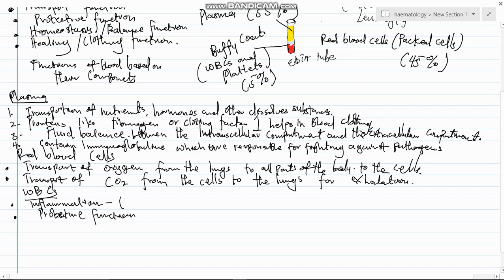where we can talk about the white blood cells like monocytes, eosinophils, basophils, lymphocytes, etc. Each of these white blood cells has its own specific pathogens it fights.